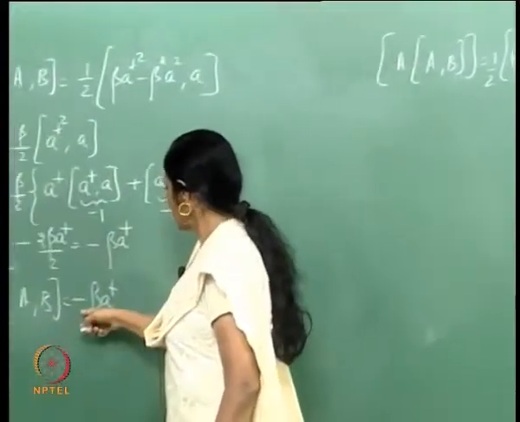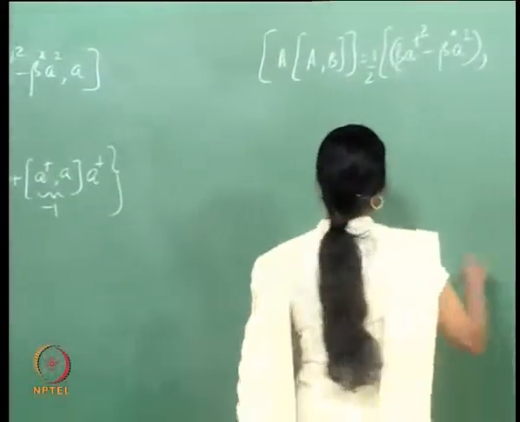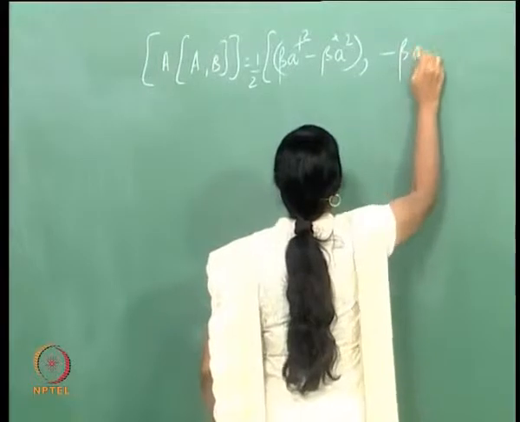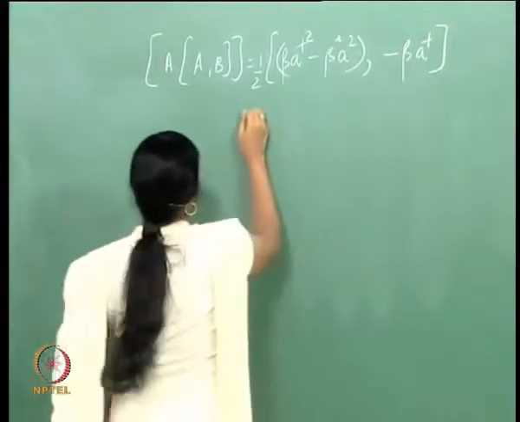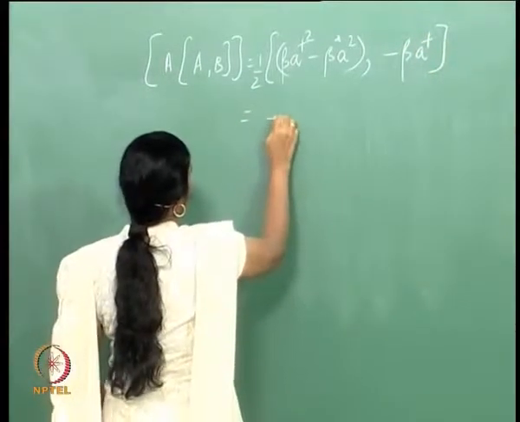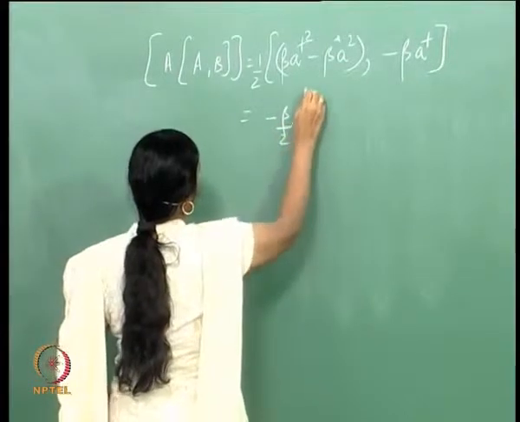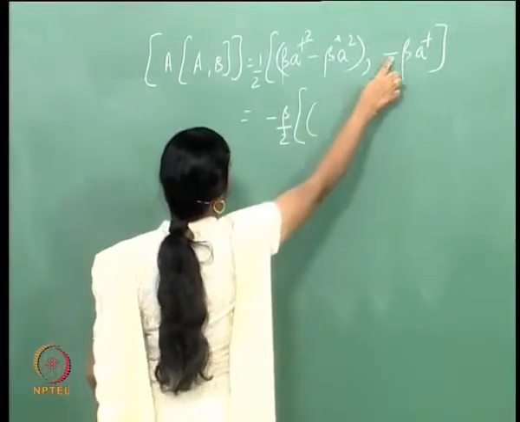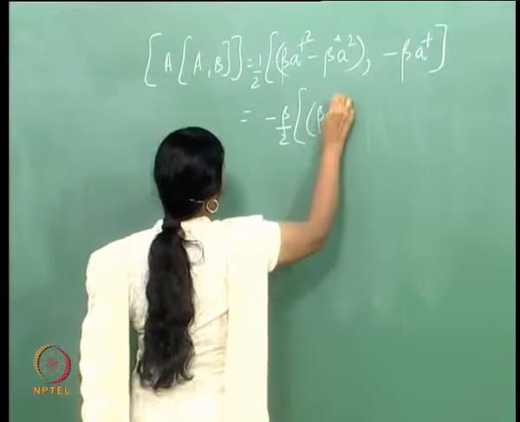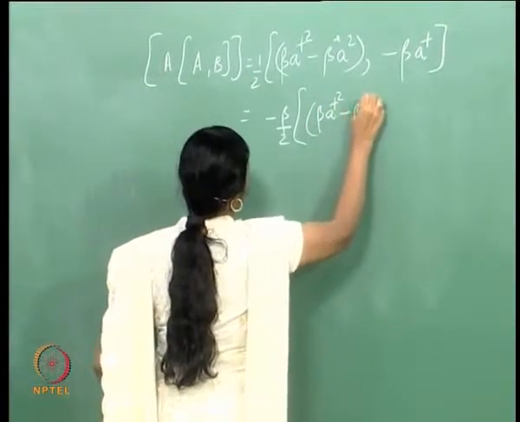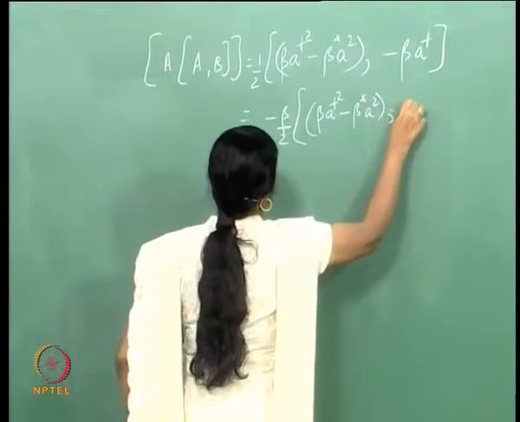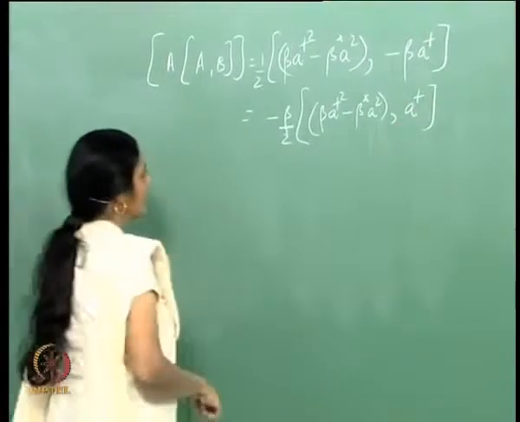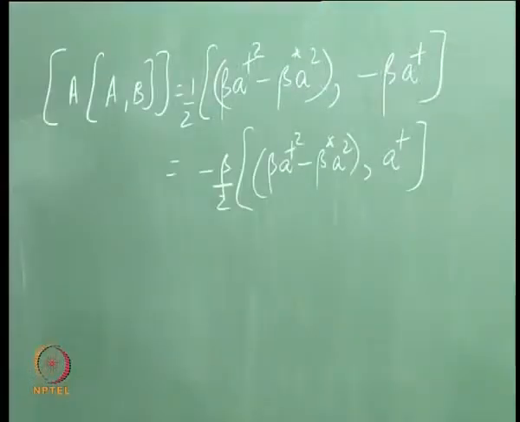Its commutator with minus beta A dagger. So that is minus beta by 2. I have pulled out the beta and the minus sign. This is the commutator that I need to find.